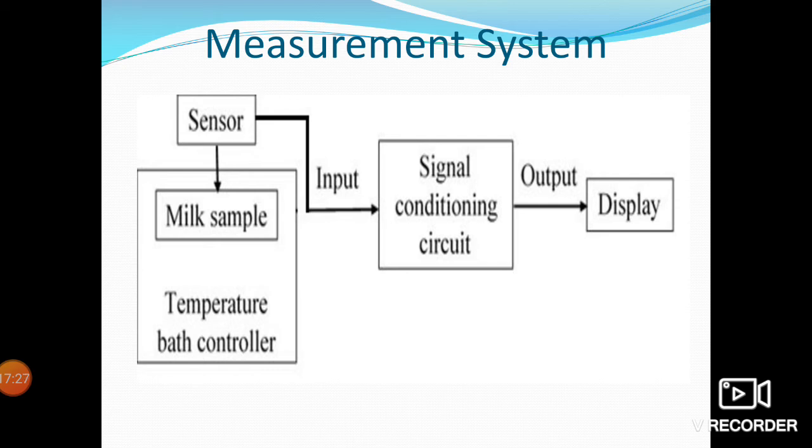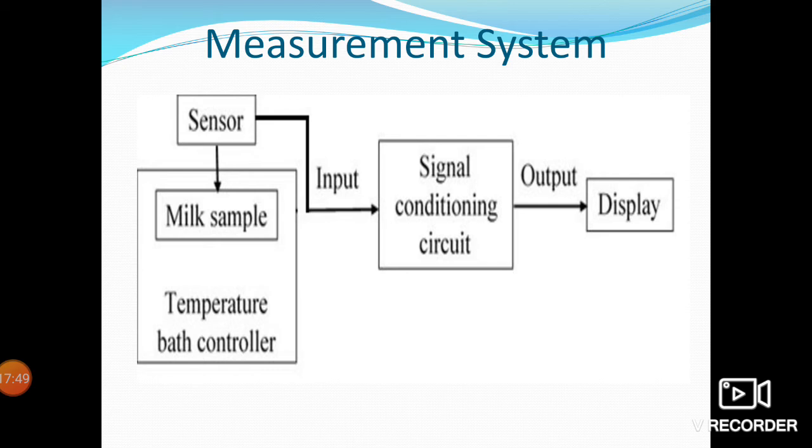EMF means electromotive force, which is the input for the signal conditioner, as you will see in a block diagram. The output from the sensor is in the form of an electromotive force, and that is given as an input to the signal conditioning circuit.